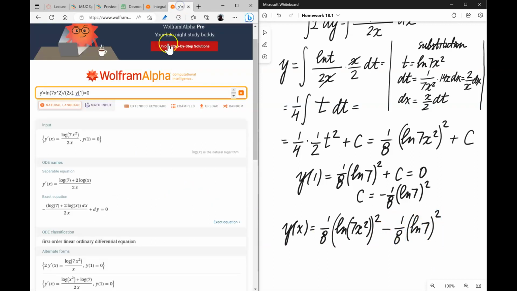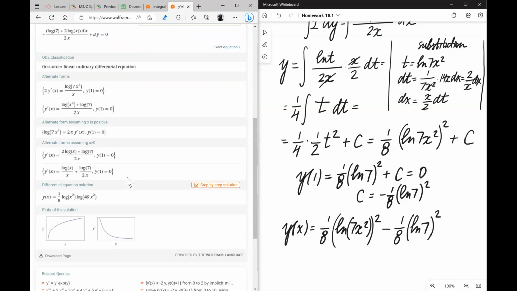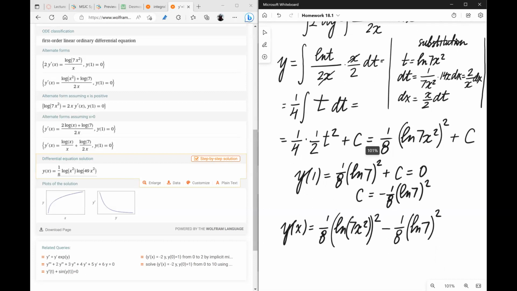According to Wolfram Alpha, I'm curious if it can be simplified, but oh, it actually can be.